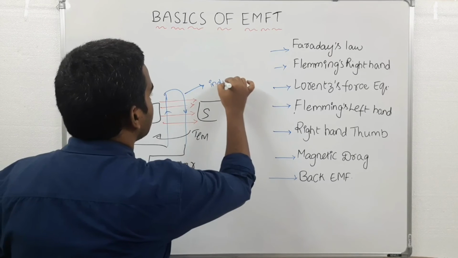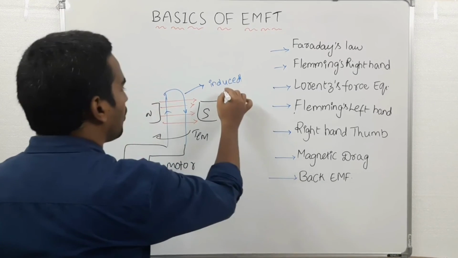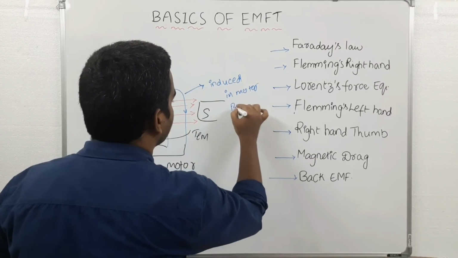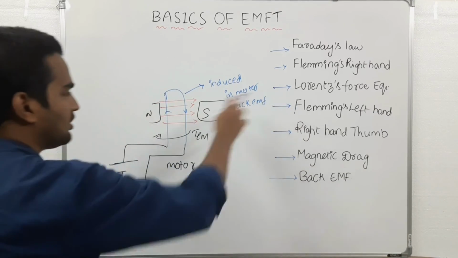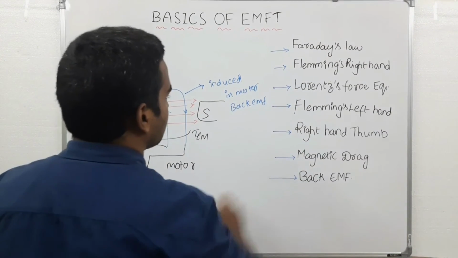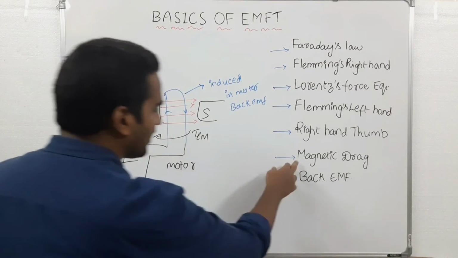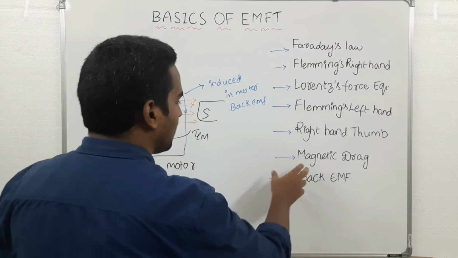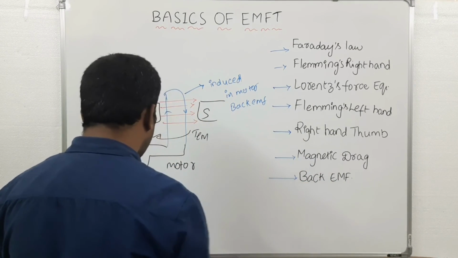The induced EMF in motor is called back EMF. So by nature there will be magnetic drag and back EMF. In case of generator, magnetic drag is there, and in case of motors, back EMF is there.